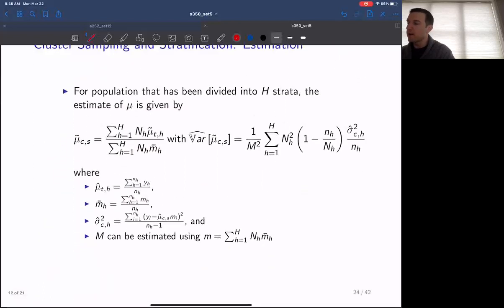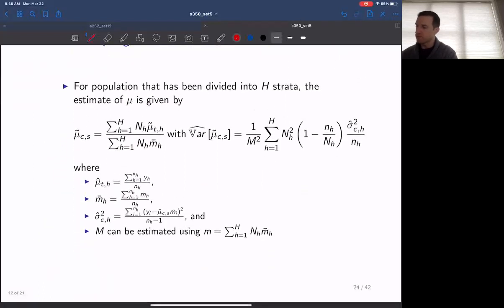So again, the idea here is stratify and then cluster.